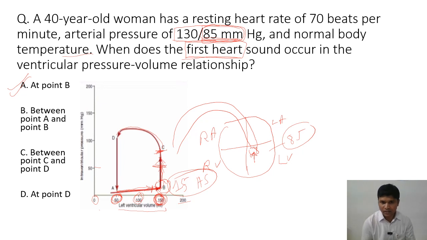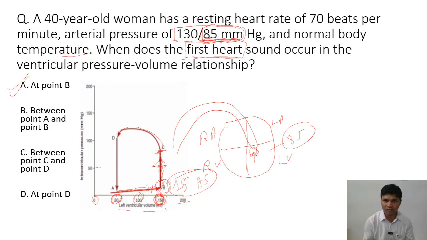So let's discuss further where the second heart sound will appear. After that, pressure will increase, but there is no ejection of blood. Why? Because aortic pressure is already more than that. It's around 85 millimeter mercury, because minimum pressure is 85 millimeter mercury, and because of the Windkessel effect, some amount of minimum pressure remains in the aorta.